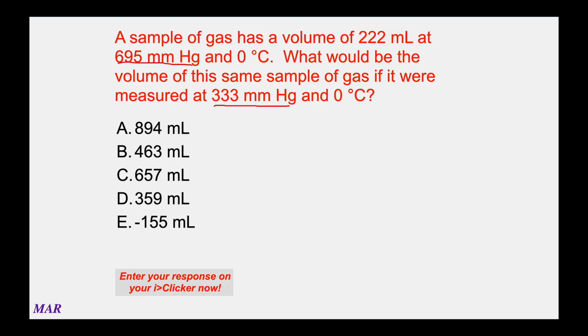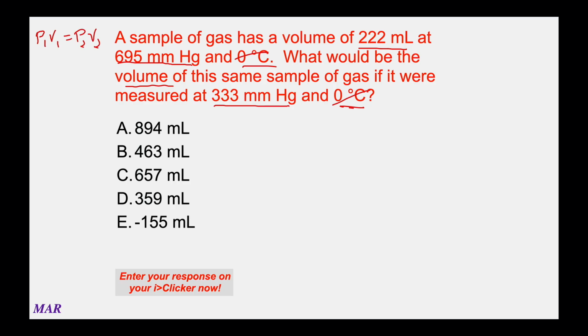The temperature is listed, but the temperature is the same. So really, temperature doesn't play a part here. It's not as important. On the other hand, you start with this volume, and the question is, what is the new volume? So there's a couple ways you could do this, and one way would be to use P1 V1 equals P2 V2.